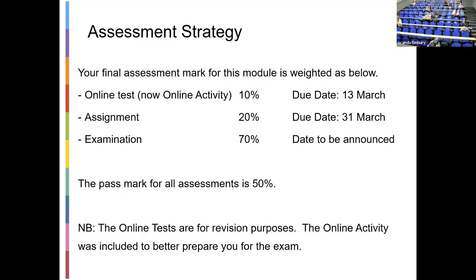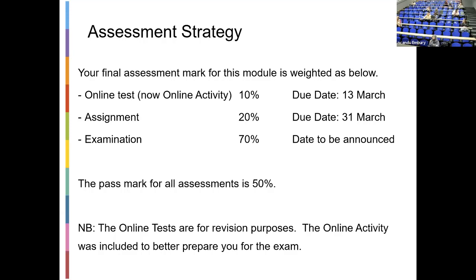It's very valuable for you to work through these so you can see the style of questioning that's applicable to a GRT exam. And then you'll need to achieve 50% in order to pass the module.